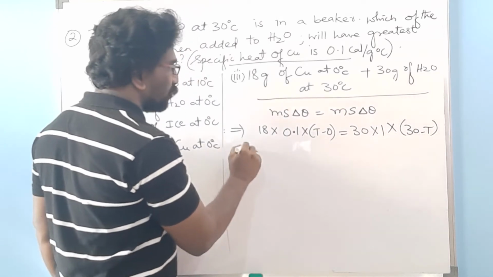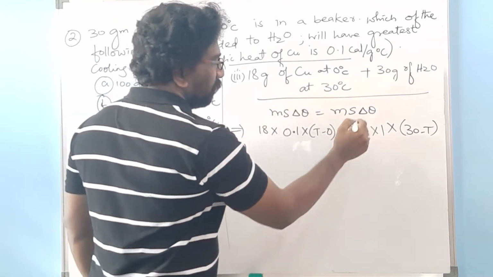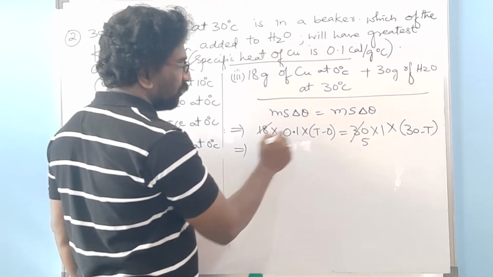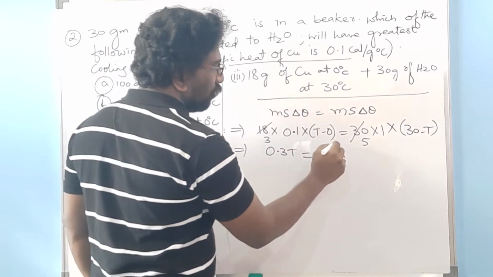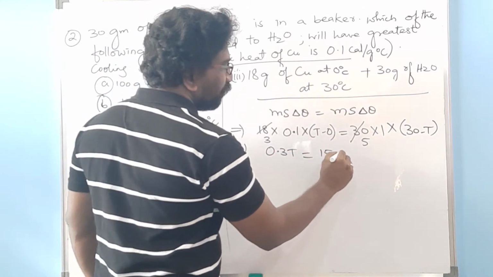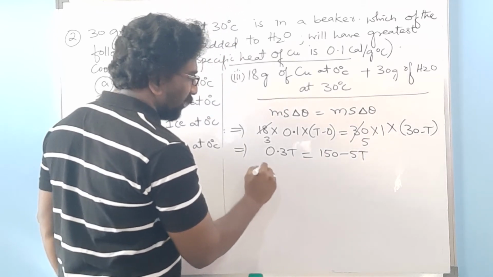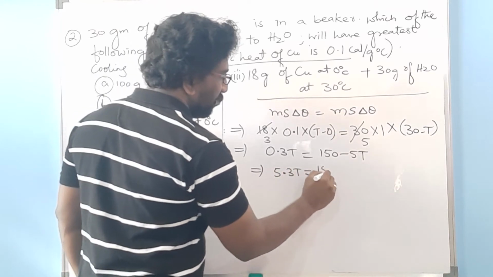Now if you solve this, 6 5s are 30, 6 3s are 18. So it becomes 0.3T is equal to 150 minus 5T. Simplify this, and you will get 5.3T is equal to 150.